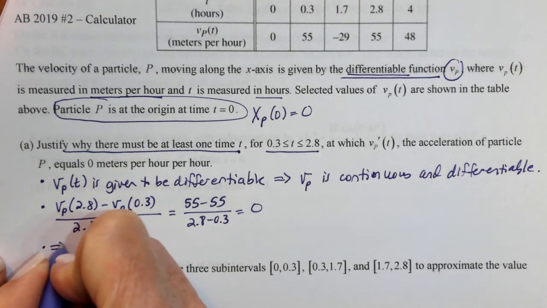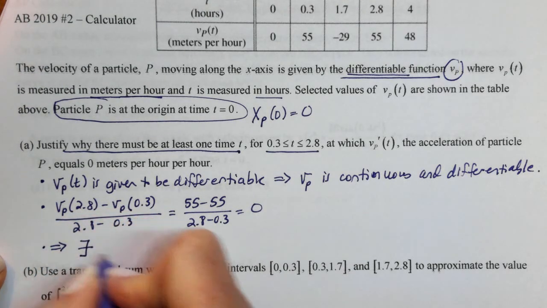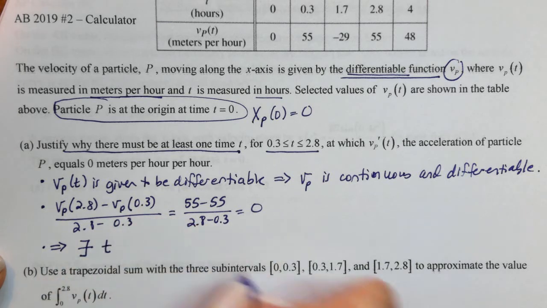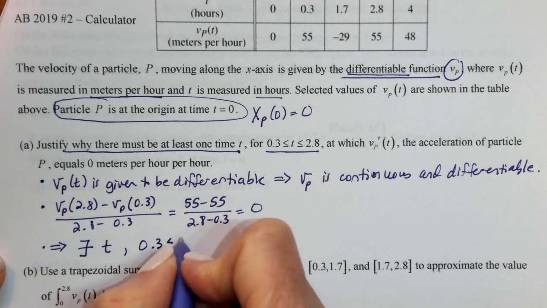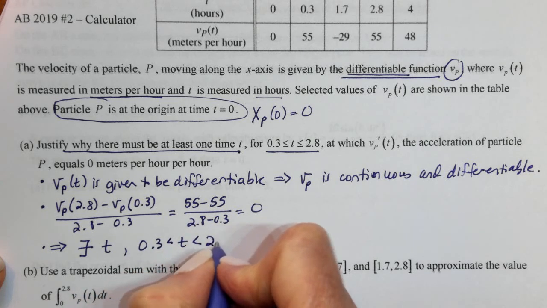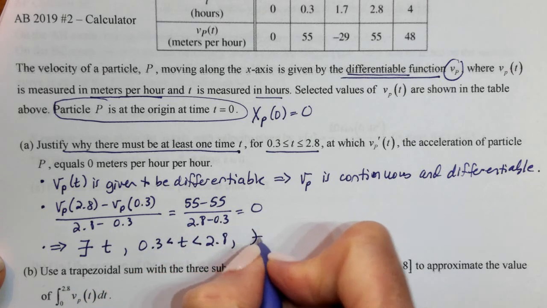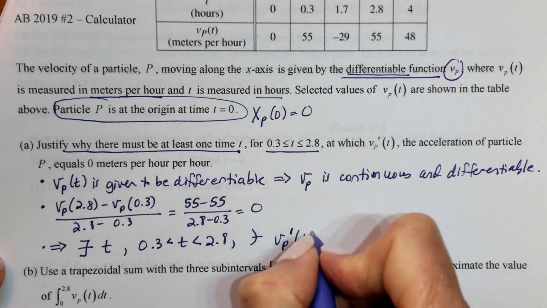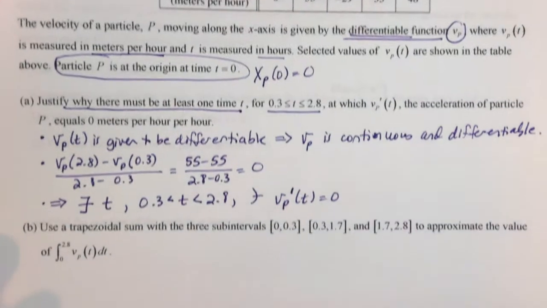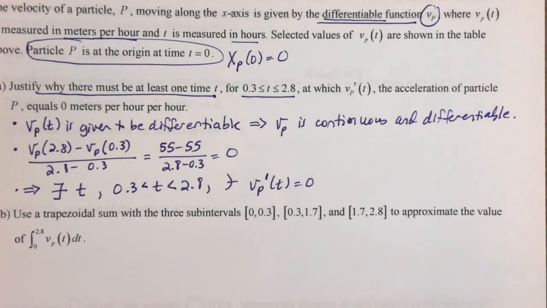Therefore, there must exist at least one time t between 0.3 and 2.8 such that v sub p prime is 0. That's using the mean value theorem.